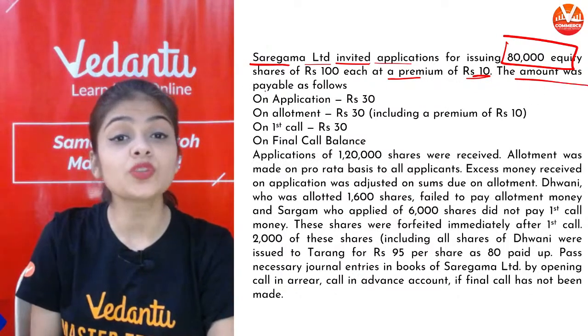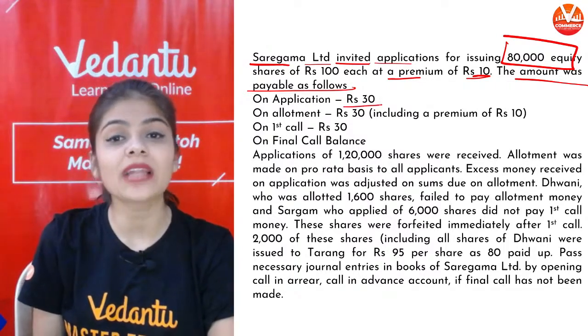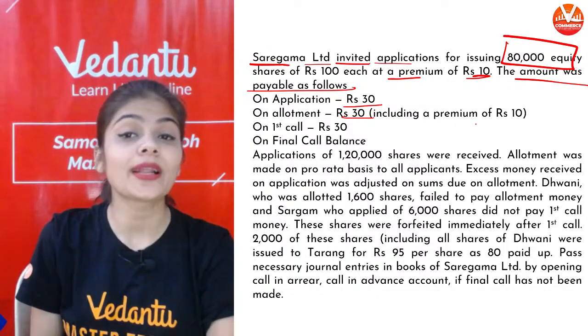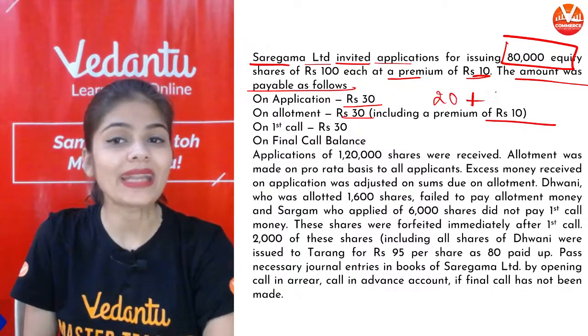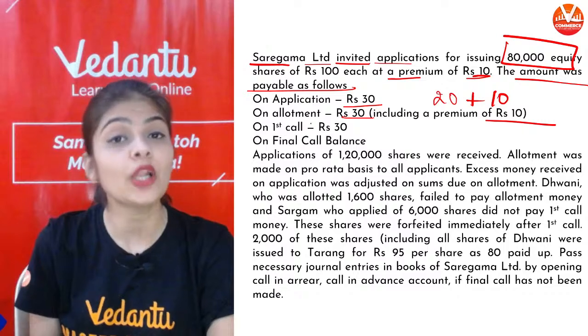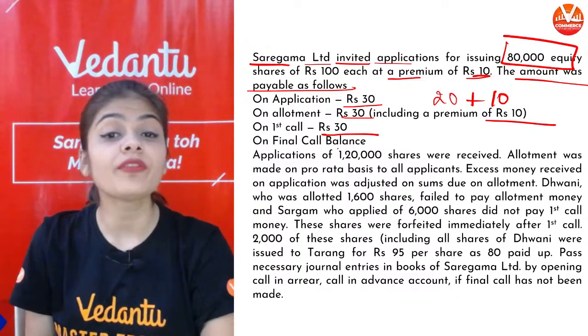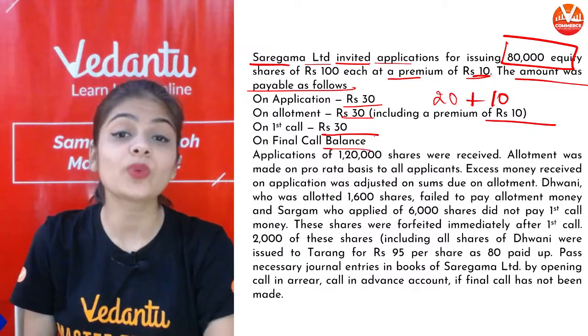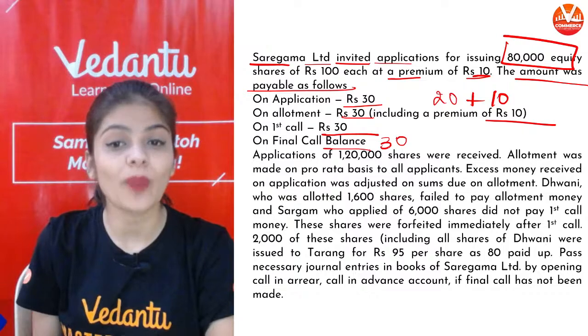The amount was payable as follows: 30 rupees on application, 30 on allotment including a premium of 10. So 20 nominal value and 10 rupees premium on allotment. On first call 30 rupees and on final call the balance. Sorry, the balance will be 20 rupees.